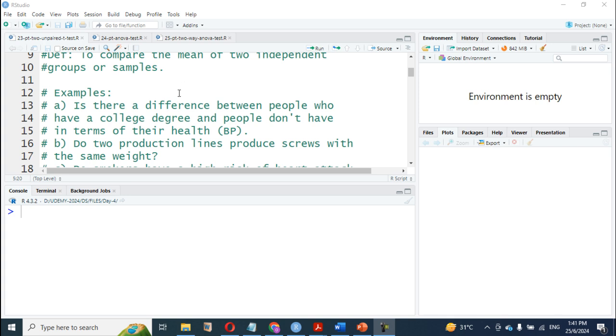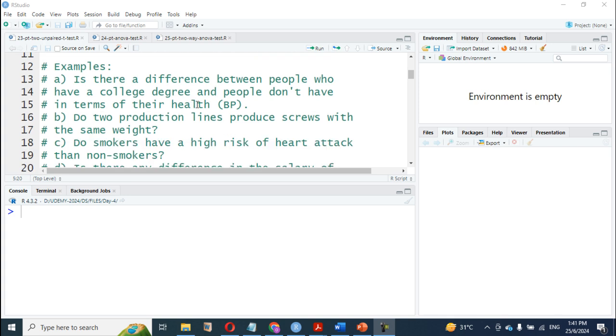We might have another example of this test, in the form of, is there a difference between people who have a college degree and people who do not? So we find the means. We already have two groups in our categorical data called education, for example, college degree, no college degree.